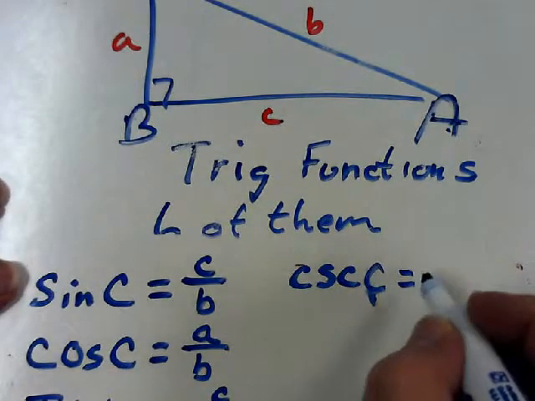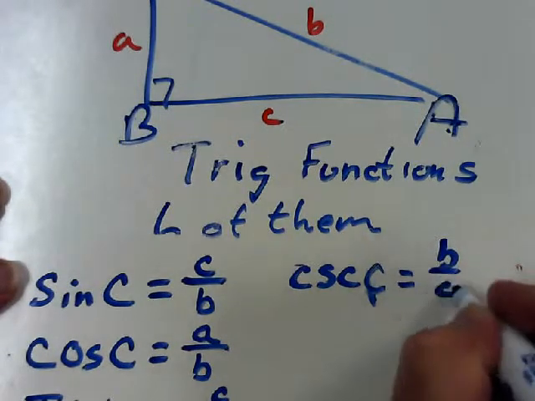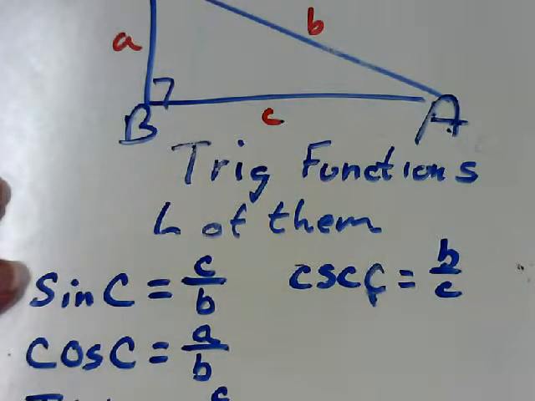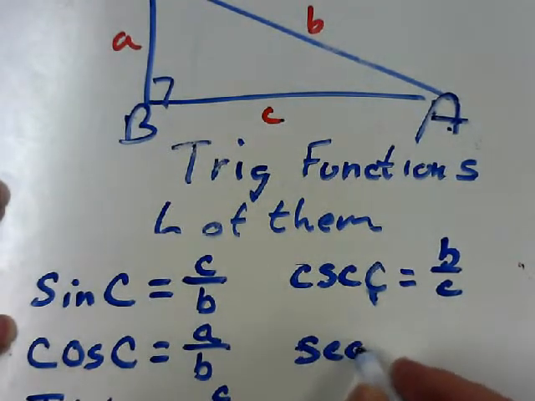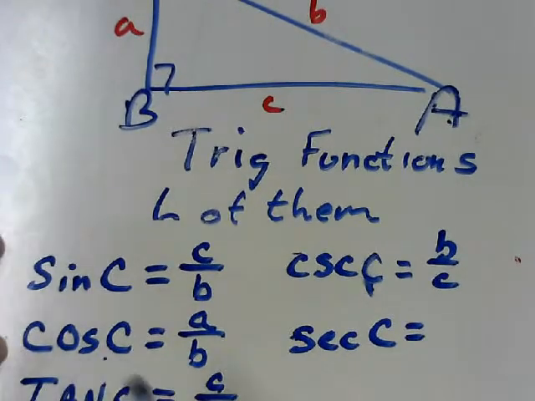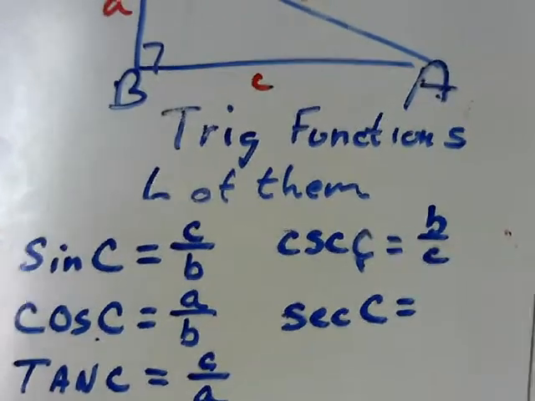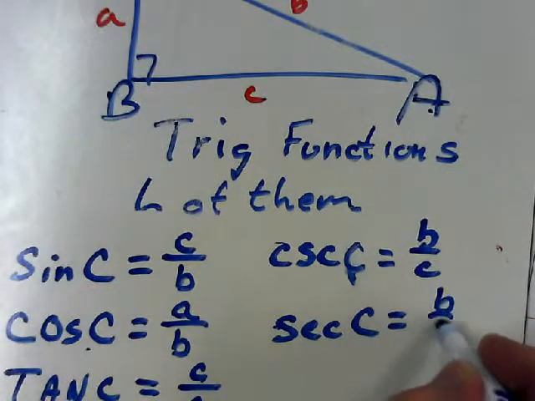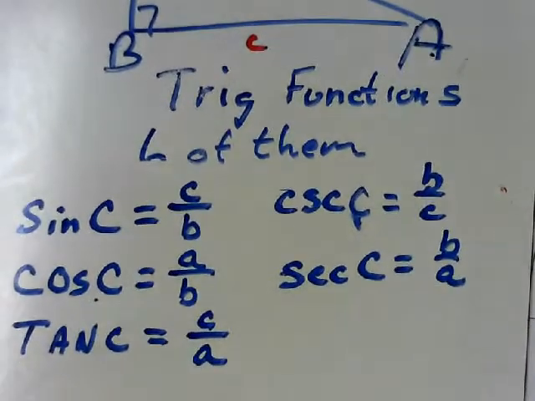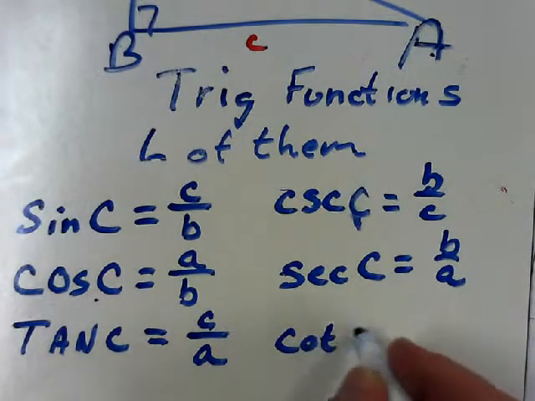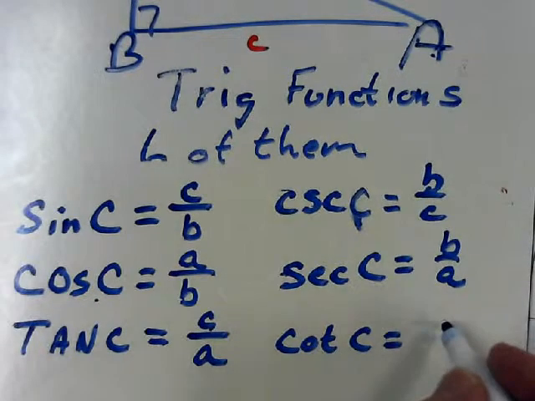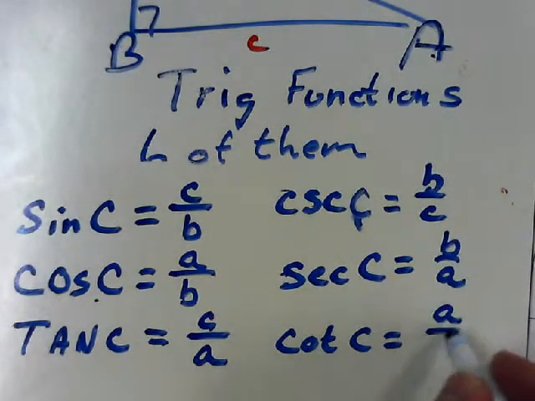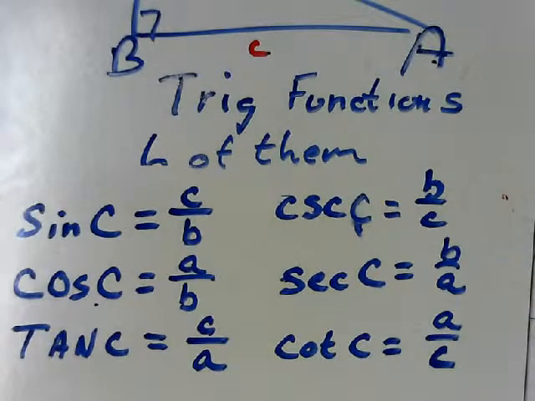Well, if it's the inverse, it would be B over C. Secant of C we said was the inverse of cosine, which would be B over A. Cotangent of C, we said was the inverse to tangent, which in this case would be A over C. We good with those?